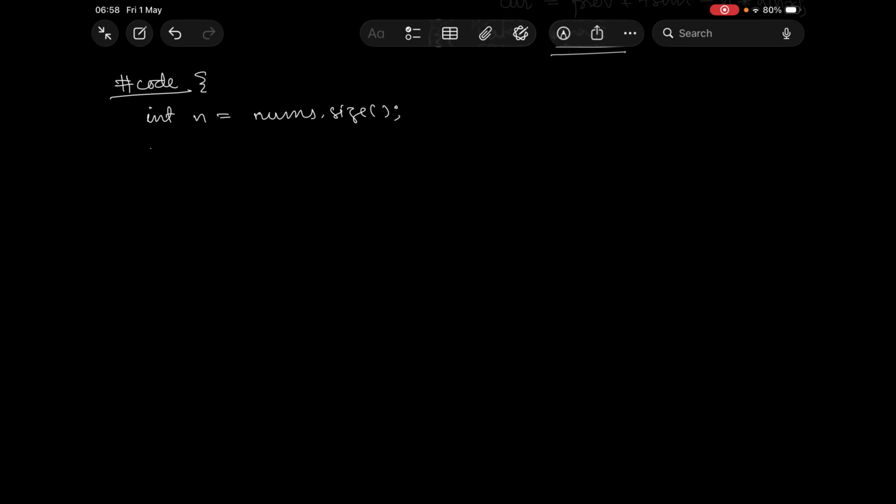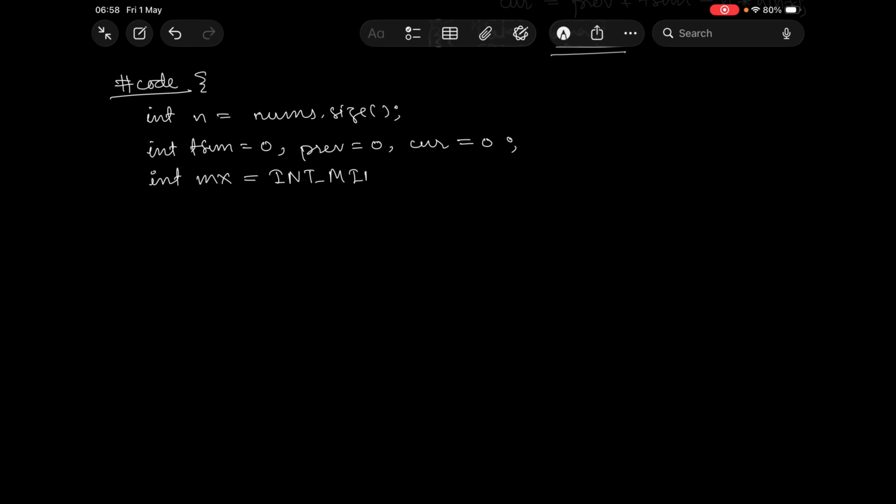Then we need to calculate the total sum, which will be initially 0. We also need the previous value, which will be 0, and the current value, which will also be 0. And we also need a maximum variable to store the answer, which we can initialize with int min.